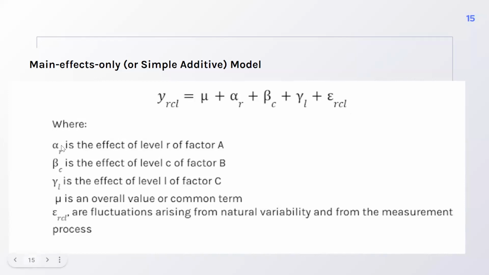where alpha sub R is the effect of level R of factor A, beta sub C is the effect of level C of factor B, and gamma sub L is the effect of level L of factor C. And mu is an overall value or common term, or kung iisipin po natin sa isang simple linear equation, parang siya po yung intersection point po natin.